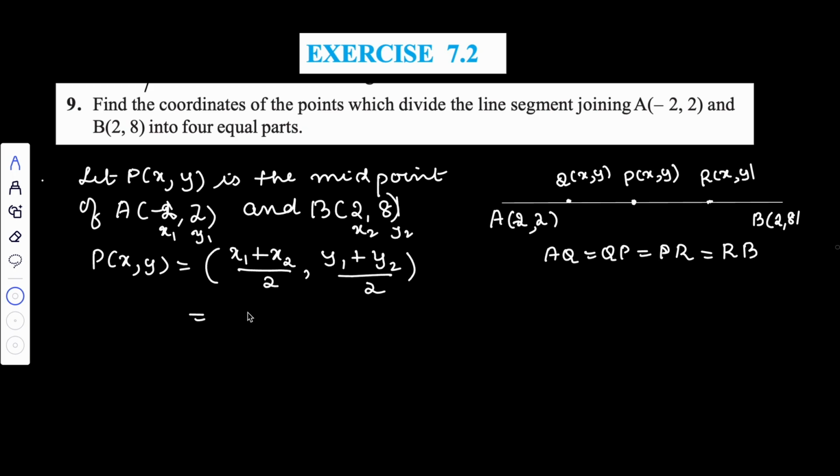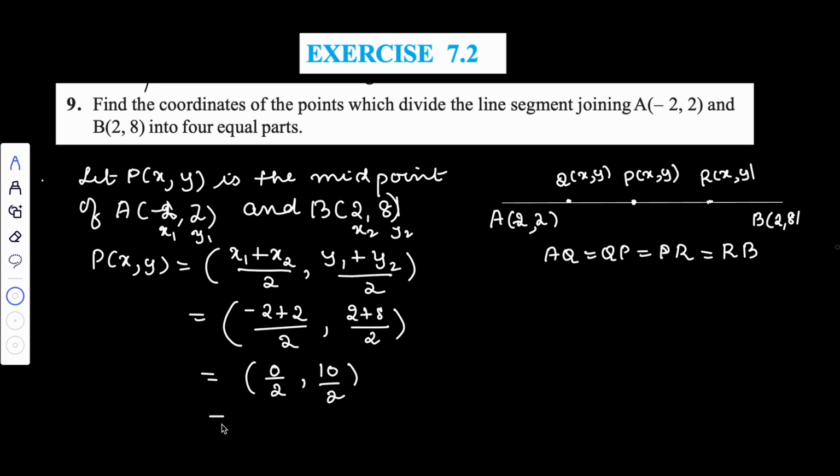We'll use the formula: (-2 plus 2) divided by 2, (2 plus 8) by 2, so we will get 0 by 2 and here 10 by 2, and that is equal to (0, 5), and this is the coordinate of P.